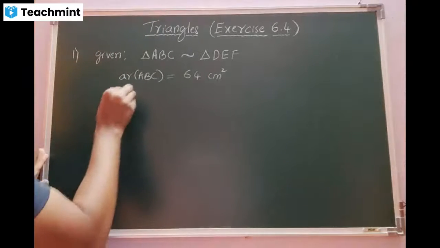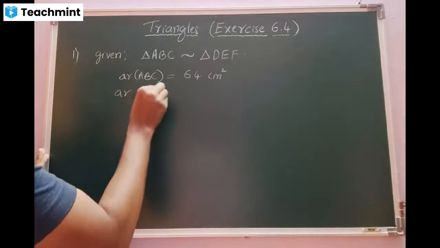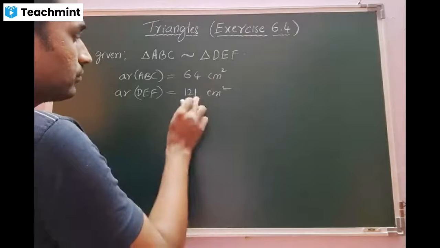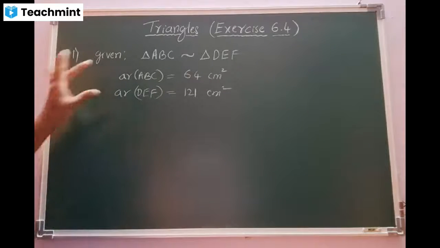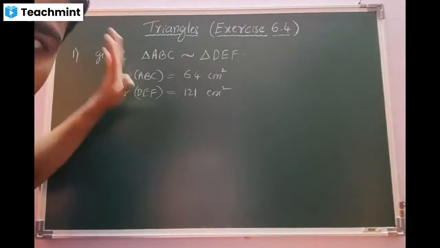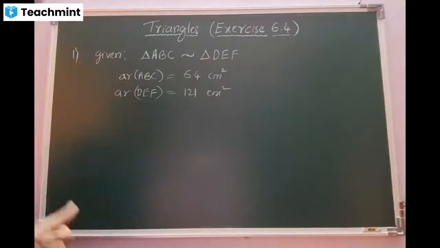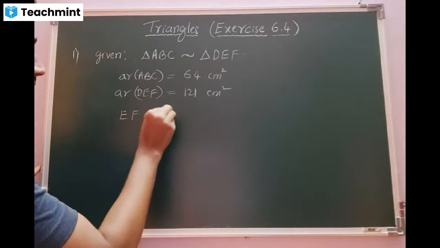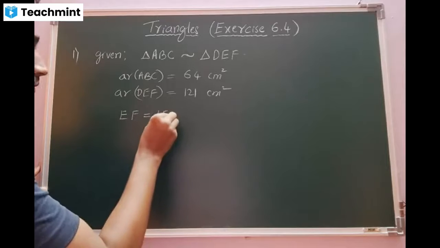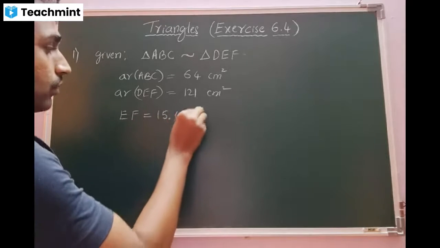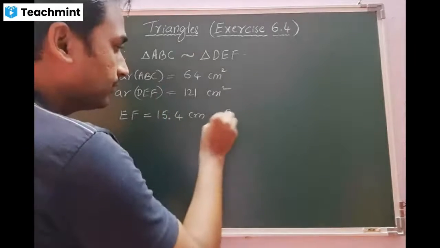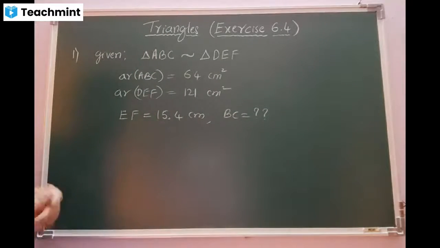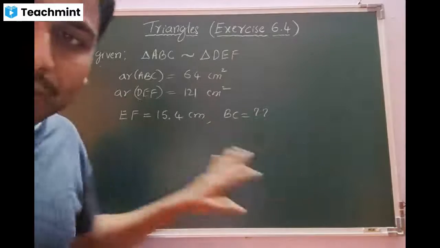Then area of DEF, how much have they given? 121 centimeter square. This is the area of the two triangles which they gave. Apart from this, they said EF is equal to 15.4 centimeter. What are they asking? BC.